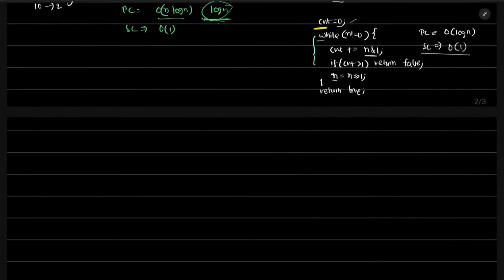So coming back here, let me explain this. Let's say the n is 16, right? What you will do? Let's take 16, 8, 4, 2, 1, right? 0, 1, 2, 3, 4, 5, 6, 7, 8, 9, 10, 11, 12, and so on, right?